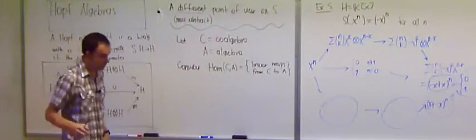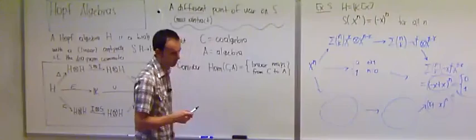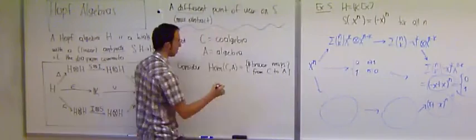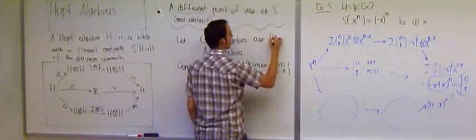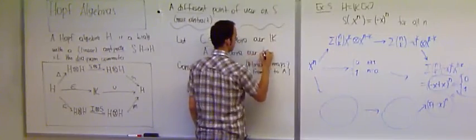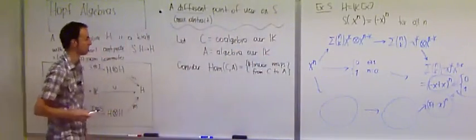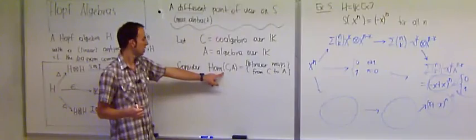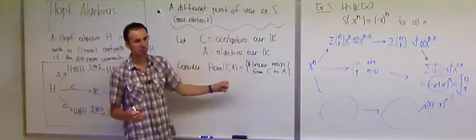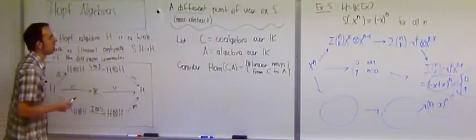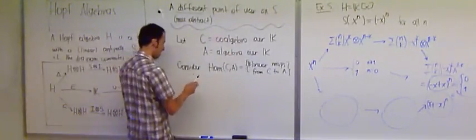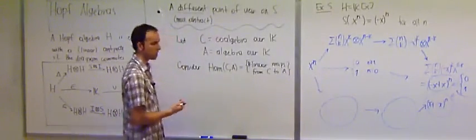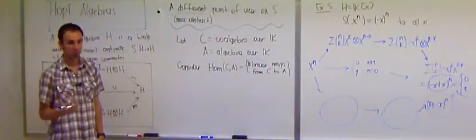And by linear I mean k-linear. So these are a coalgebra and an algebra over the same field. And sometimes we put a subscript of k here to be more specific, but because there's only one field, I'm not going to write it down. So I claim that this set, not only is it a set, it's a vector space. Why?